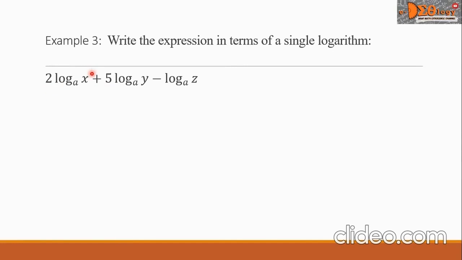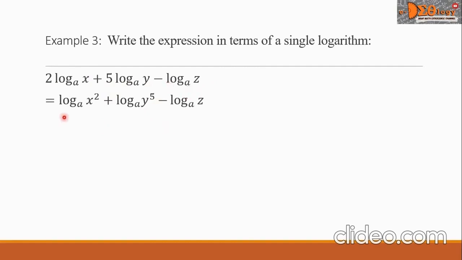So let us write the problem again as log of x squared to base a, where 2 becomes the exponent of x, plus the log of y raised to 5. Now the constant 5 becomes the power of y, and this is again to base a, then minus the log of z to base a.